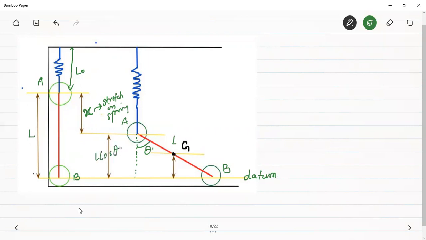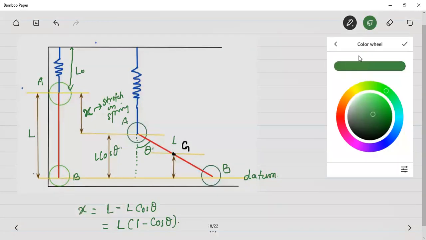The stretch in the spring will be equal to this distance minus this distance. Therefore, it will be equal to L minus L cos theta, and it can be written as L into 1 minus cos theta. So we have found out the stretch in the spring.